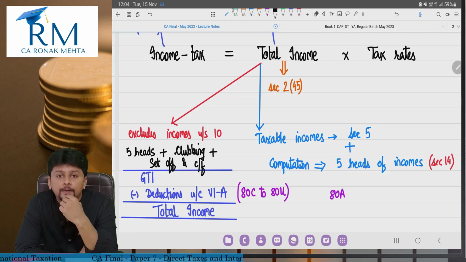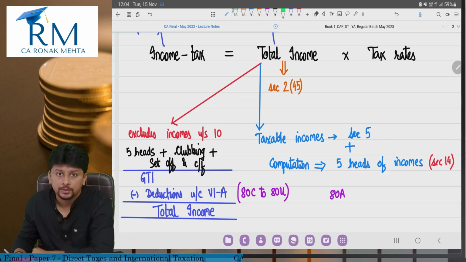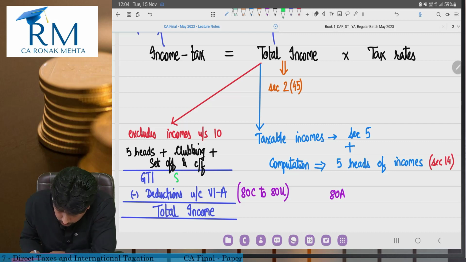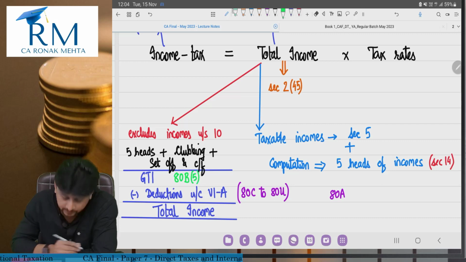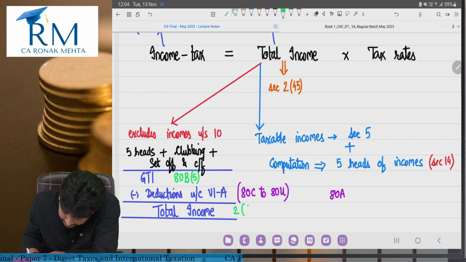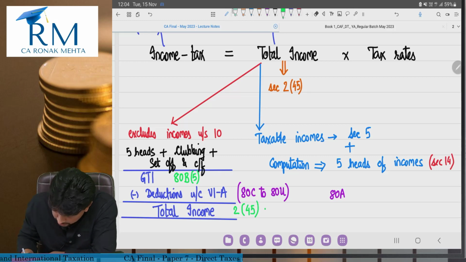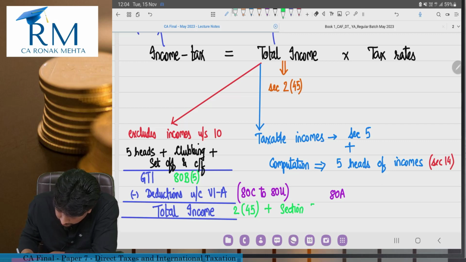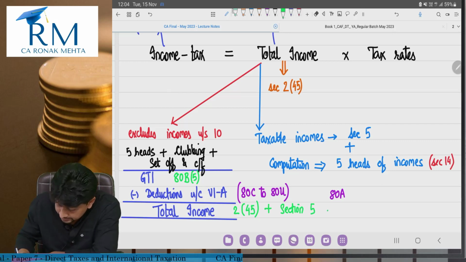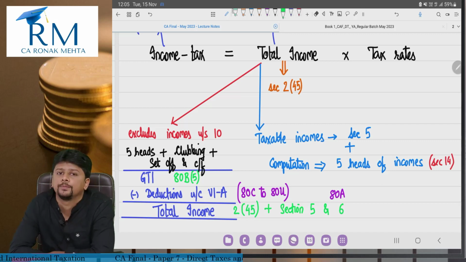before he finalizes his gross total income. If you can understand a bit of section numbers, gross total income is defined in 80B subsection 5. Total income is defined in Section 2 clause number 45, which tells us to look at section 5, and we know that section 5 depends on section 6 residential status.